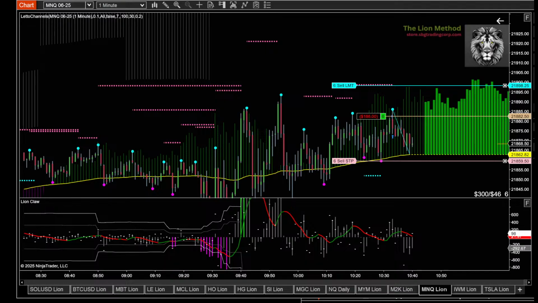Mark Douglas said it. You can do all your analysis, get your reasons why you press the buy button or the sell button, and then the minute you've done that, it's out of your hands and into the hands of other traders, because the next second can be a completely different picture. Hence why we have stop loss.